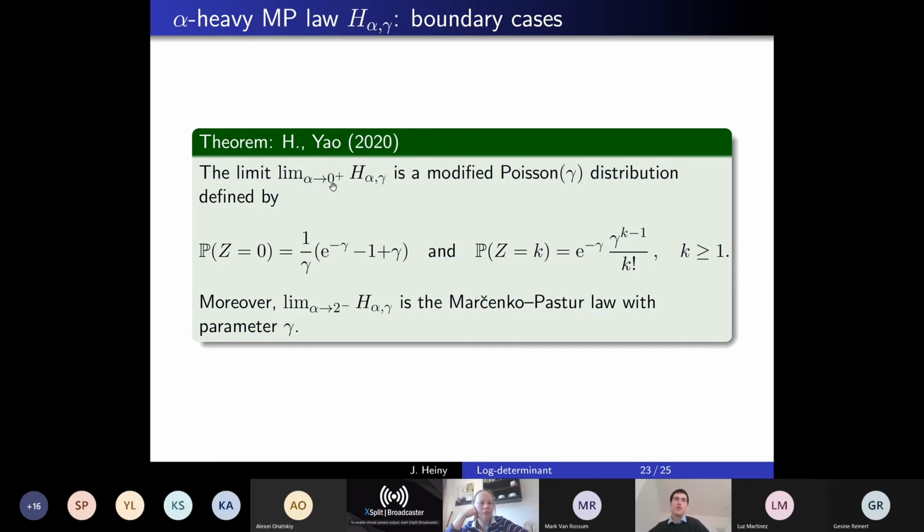And for alpha to 0, you obtain a modified Poisson gamma distribution, which is defined by these point probabilities. In particular, if you set gamma equal to 1, then this is just the Poisson distribution with parameter 1. So the e to the minus gamma point mass is at 1 and at 0.